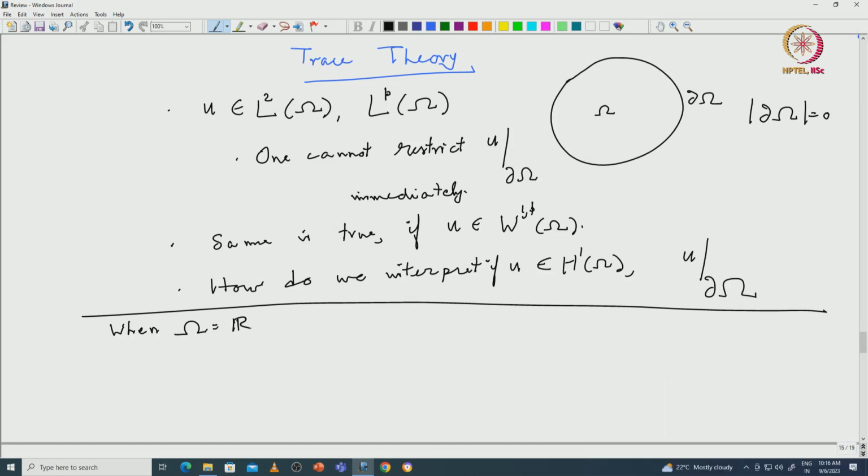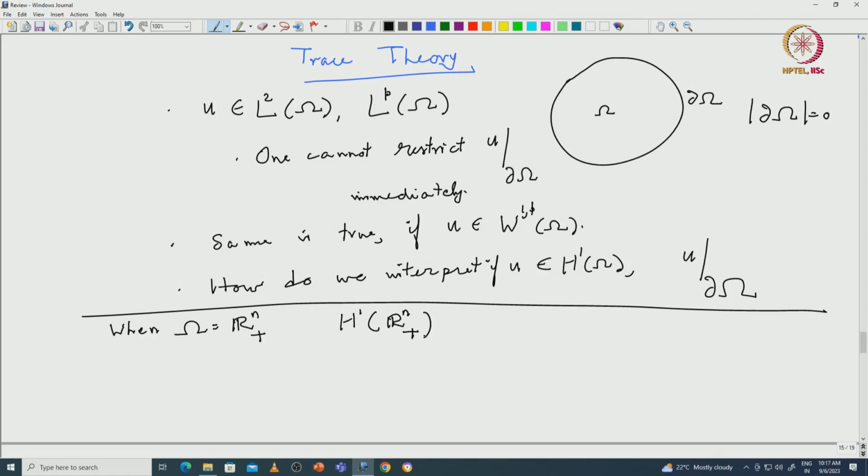you can prove the results on how to restrict, and all that, using the Fourier transform, which we have done in detail in the last course. But let me recall that one. If you have u in H1 of Rn plus, the theorem I will state more clearly later.